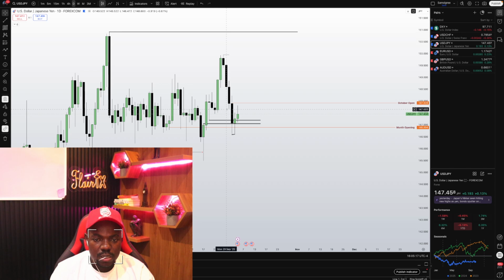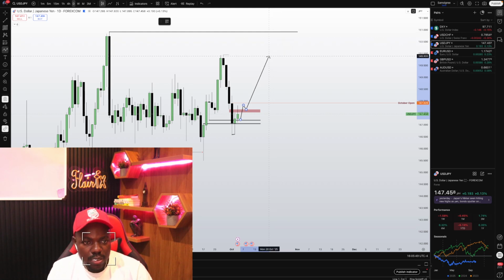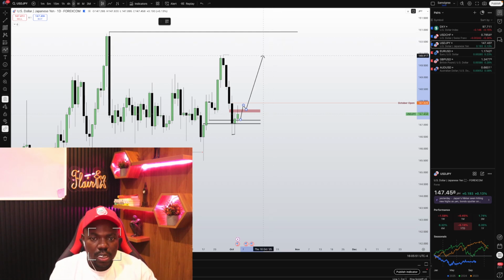But then I think I should be looking out for this FVG to be inverted, then maybe pick from there to the upside. So maybe I will wait for the market to do what we want it to do. Maybe I'll be looking for an entry after this FVG has been inverted, so that I don't get trapped in the buy.